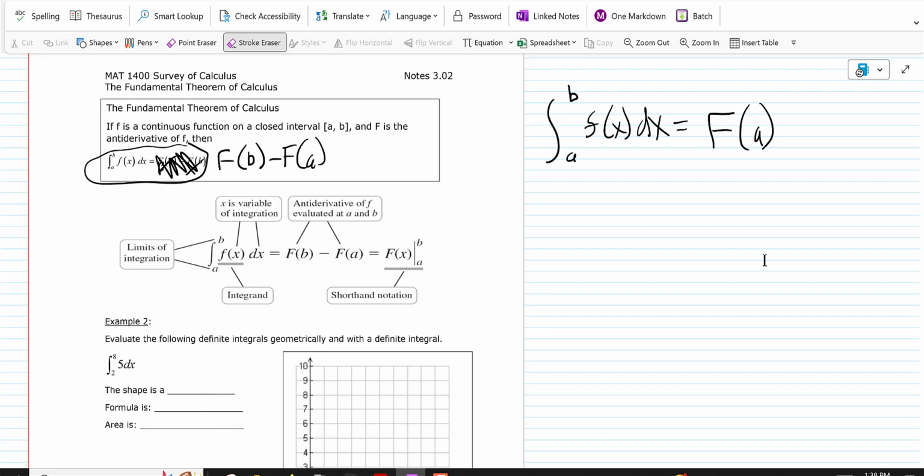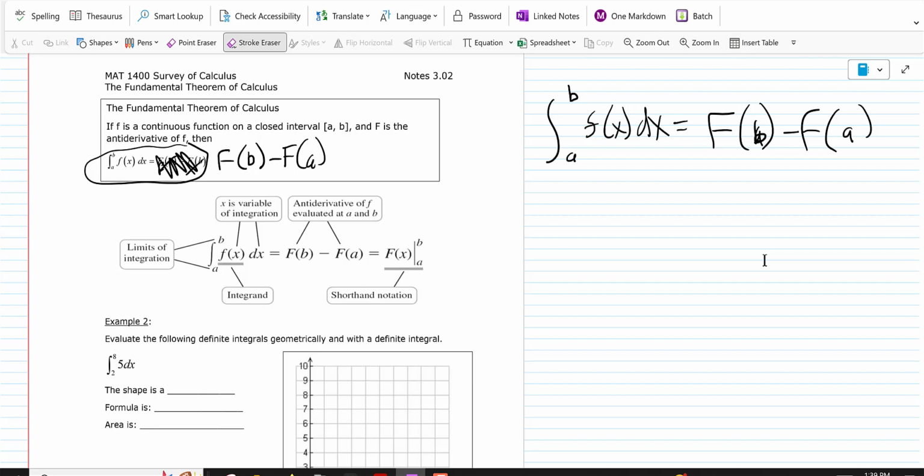So change that fundamental theorem. You always do the antiderivative of the upper limit minus the antiderivative of the lower limit. We use a capital letter to represent that antiderivative. So what the problem is really saying is you already know how to do an antiderivative. That's what an integral is doing.